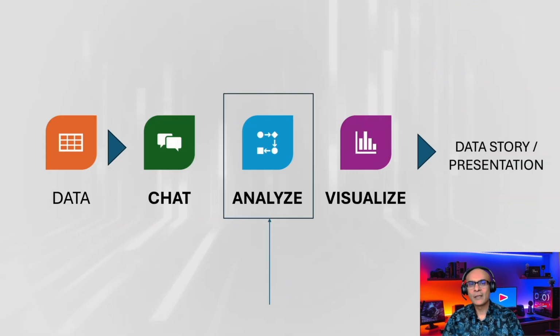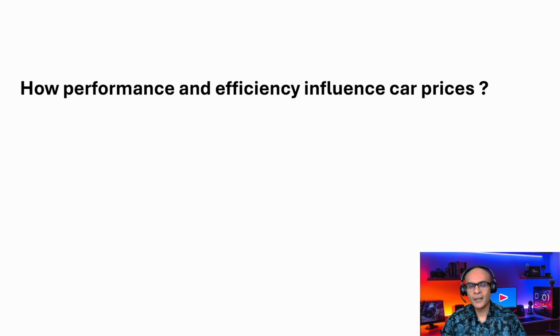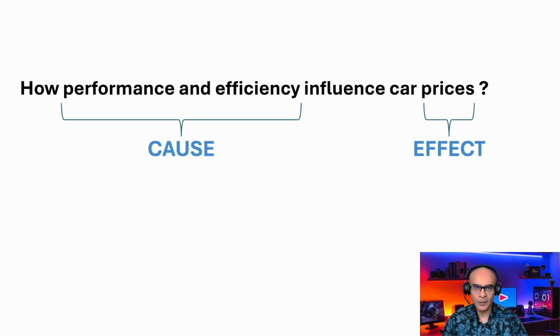Now let me go to the second part, which is analysis. If I take the title of my data story, which is how performance and efficiency can influence car prices, there are two parts to this. The first part is the price, which is my effect or target variable, and you also have efficiency and performance, which are my causal variables.